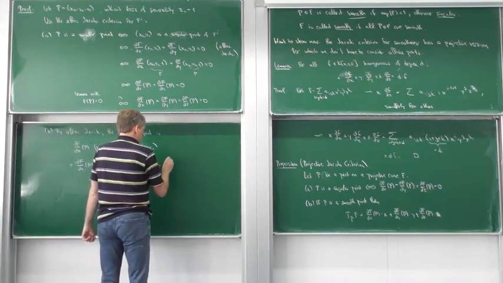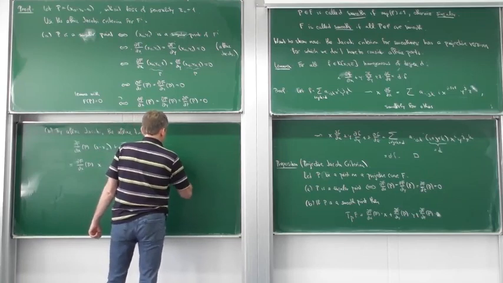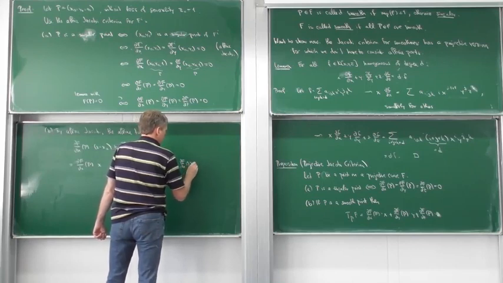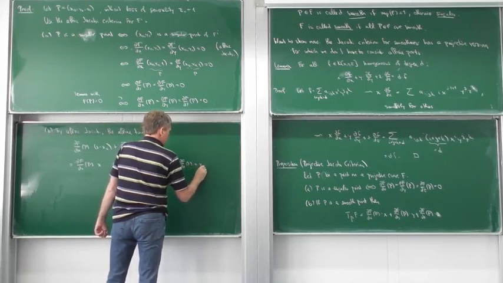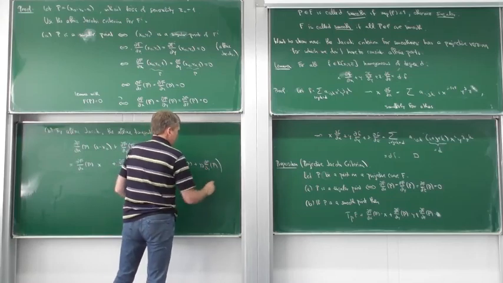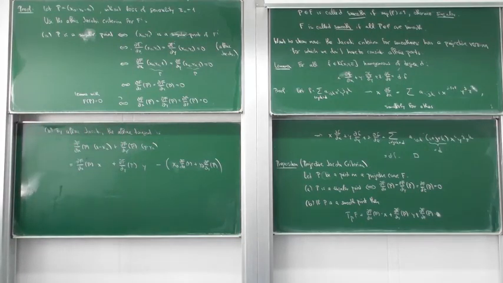So that is minus x0 df/dx at the point P plus y0 df/dy at the point P. So that is a constant here, right? On the right-hand side. It doesn't depend on any variable.